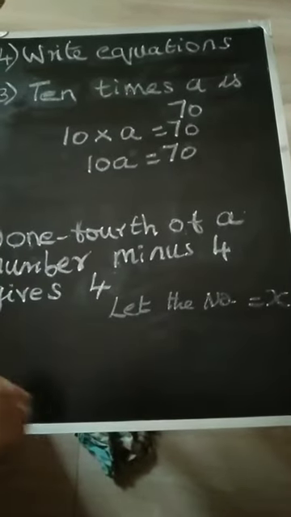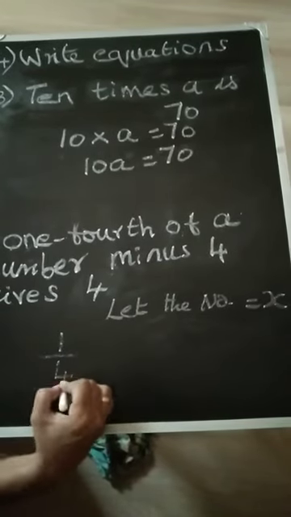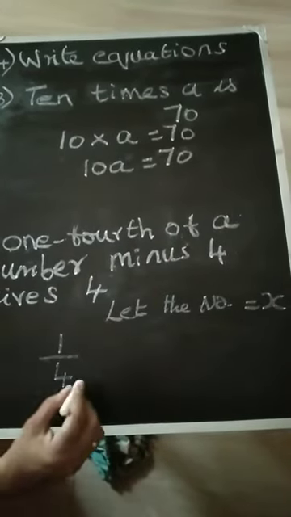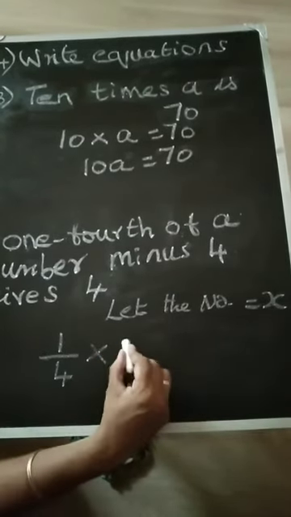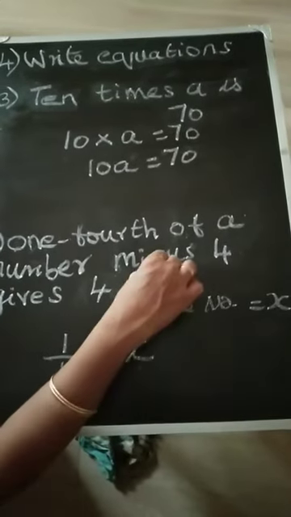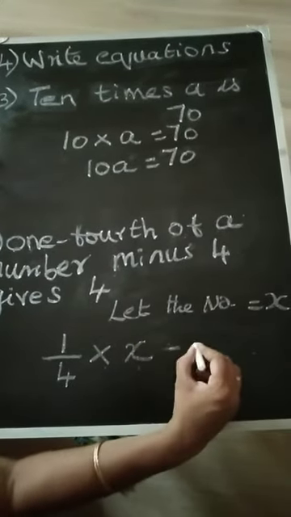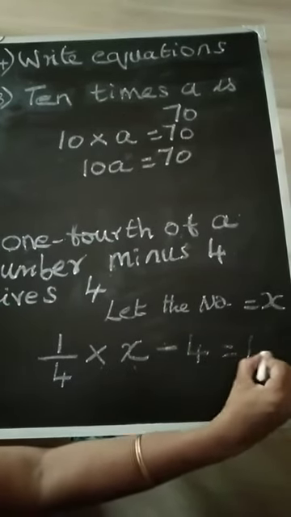Now 1/4. How do you write 1/4? It is 1/4. Of means what is the symbol you will write? Into. We have taken the number to be X. 1/4 of X minus, you know the sign, minus what? 4 is equal to 4.